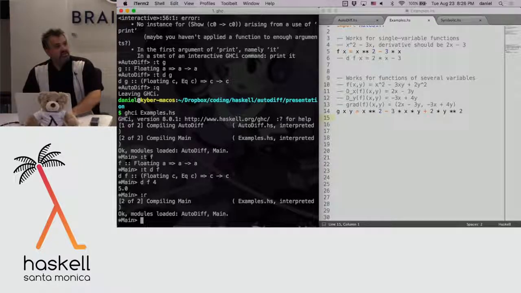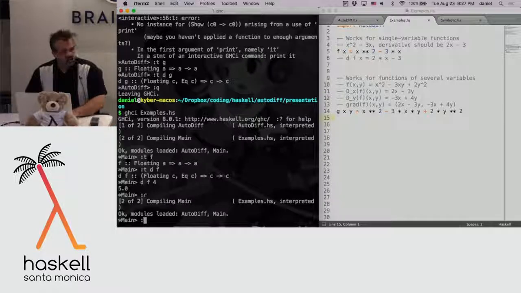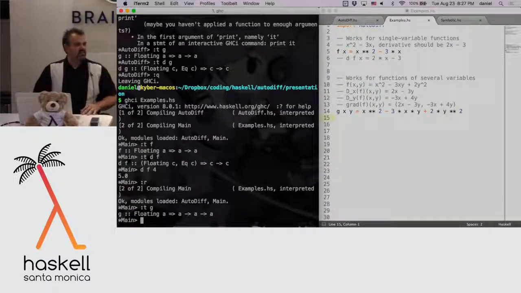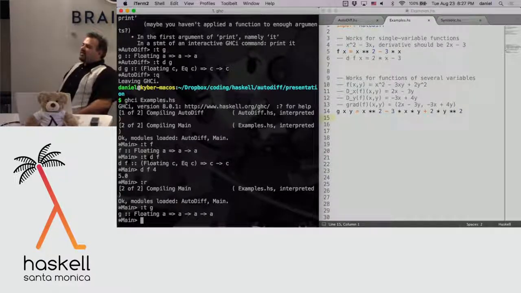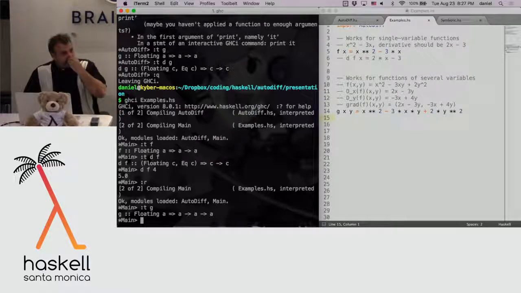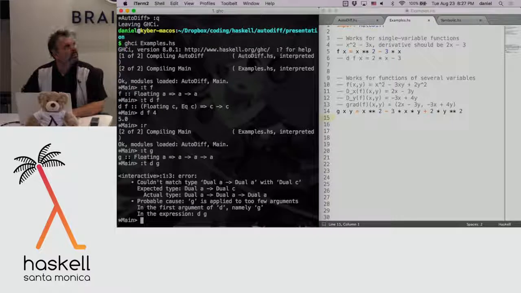So let's look at the type. I wrote F in the comments, but it's G in the code. That's an anti-pattern. It takes 2 A's and gives you an A. Let's look at the type of DG. Error, couldn't match.